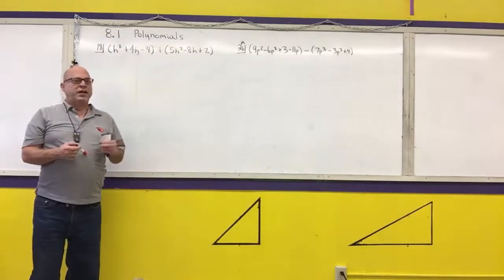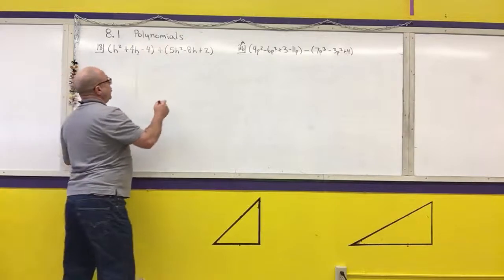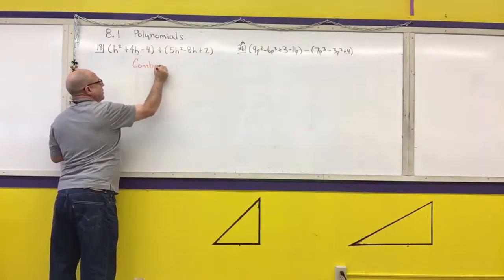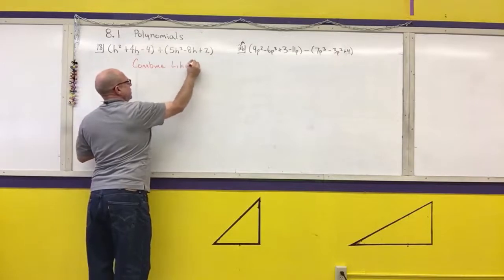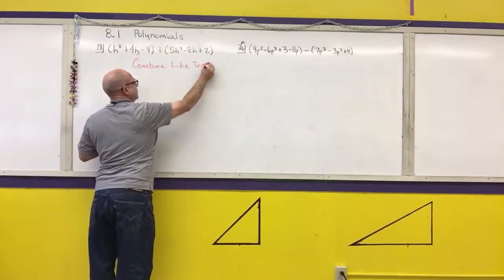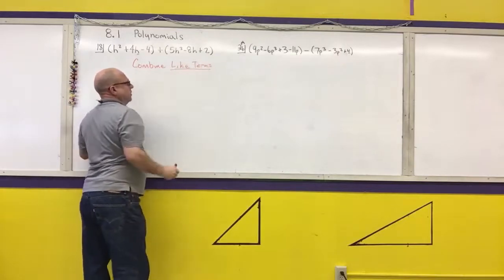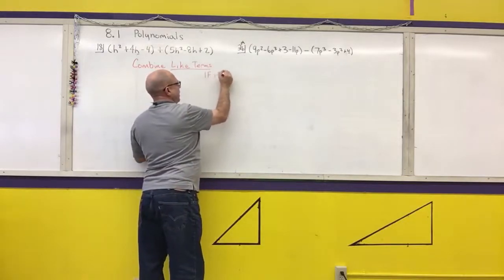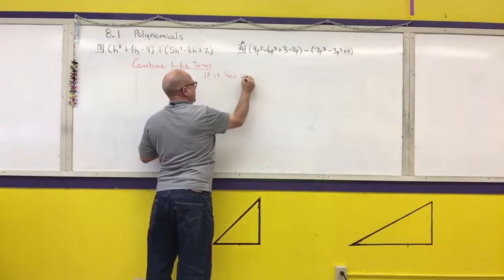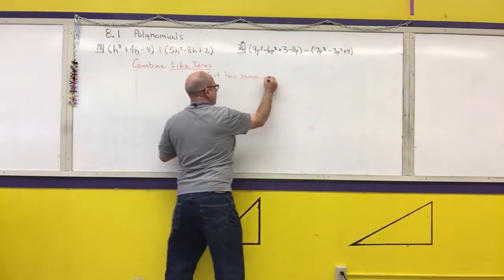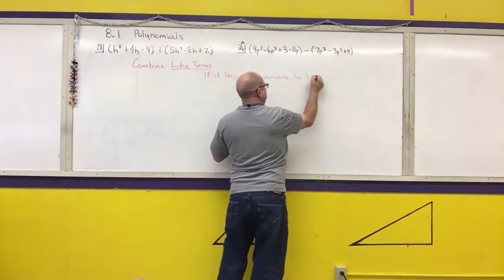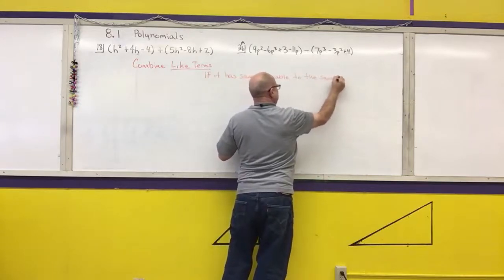To add or subtract polynomials, we are going to combine like terms. And something is a like term if it has the same variable to the same degree.